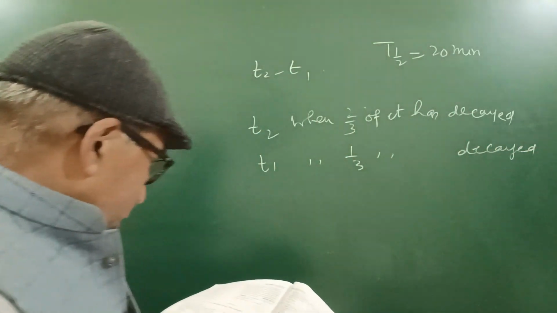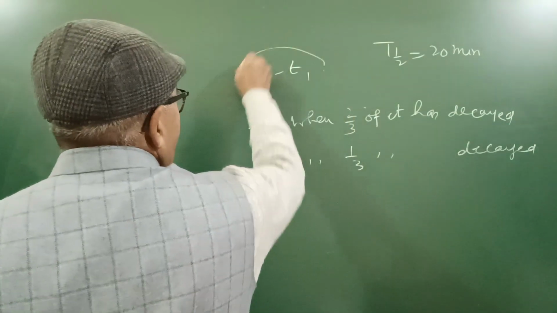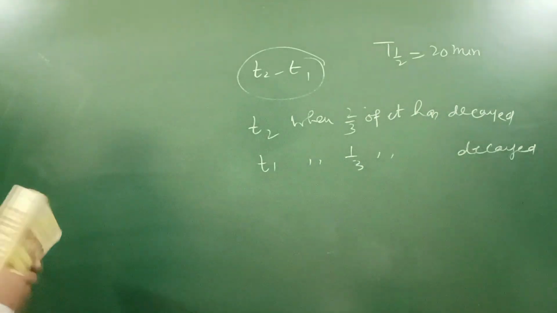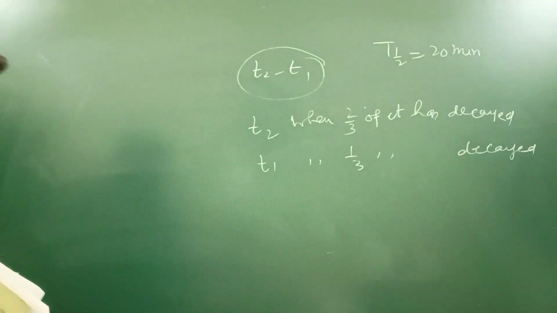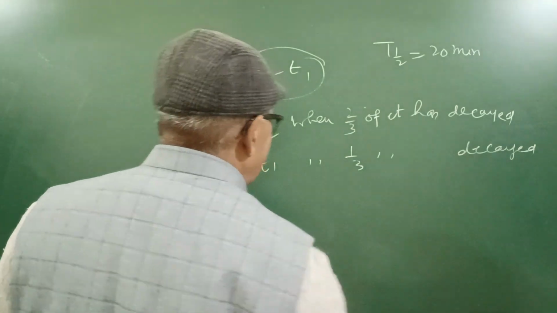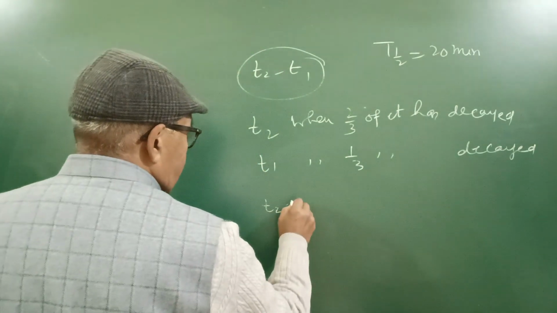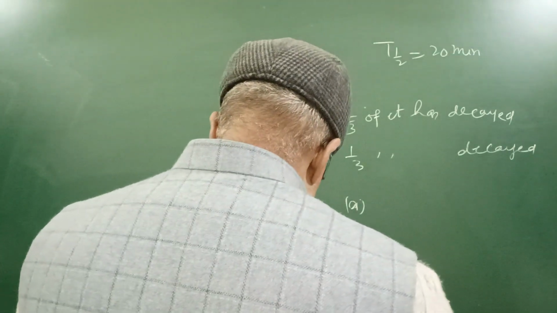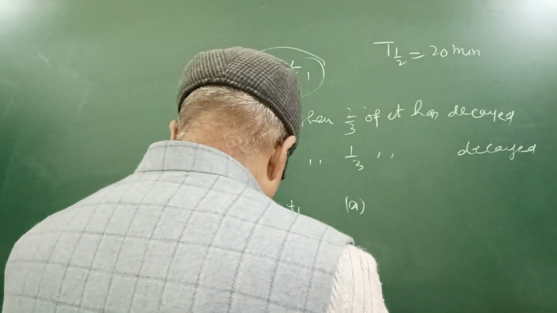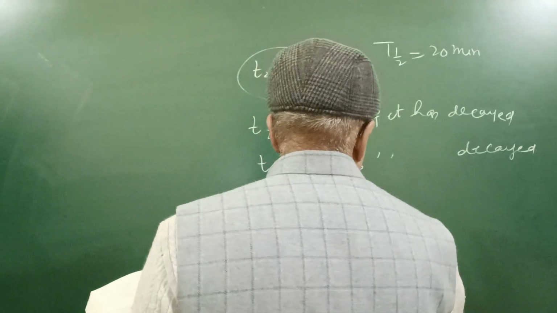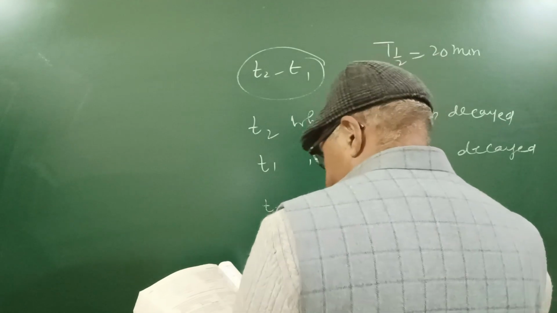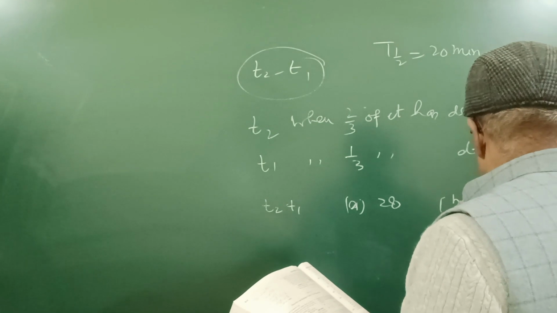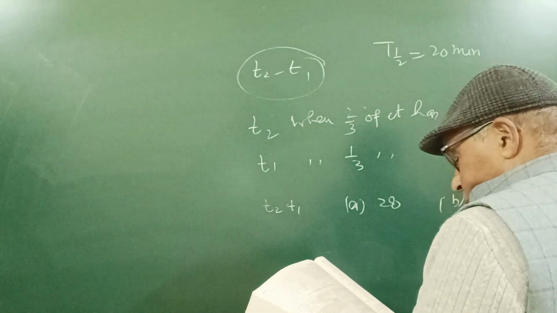So you have to find T2 minus T1. Option A is 28 minutes, B is 7 minutes, C is 14 minutes, and D is 20 minutes.